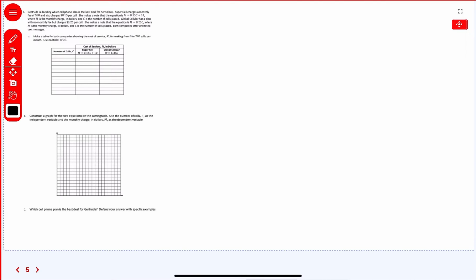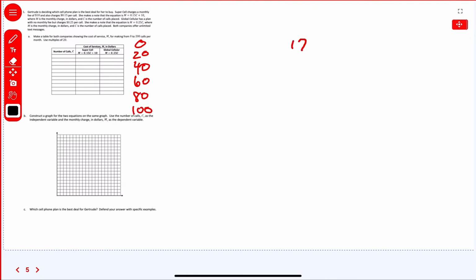Make a table for both companies showing the cost of service, M, for making from 0 to 200 calls per month and using multiples of 20. So 0, 20, 40, 60, 80, 100.